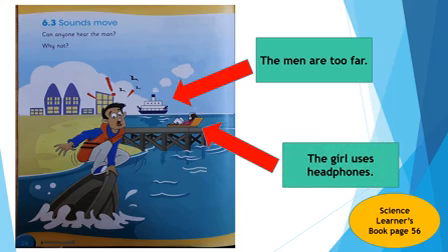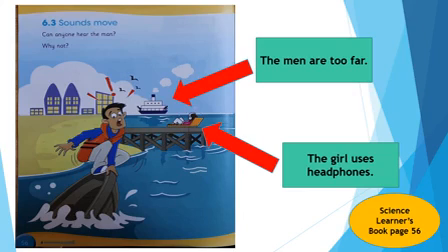Okay, maybe not also. Why? Because the girl uses headphones. So see kids, sometimes we cannot receive sounds, or we are affected by the distance and by the object that we put in our ears when listening or hearing sounds. So in this case, the two men in the ship are too far.